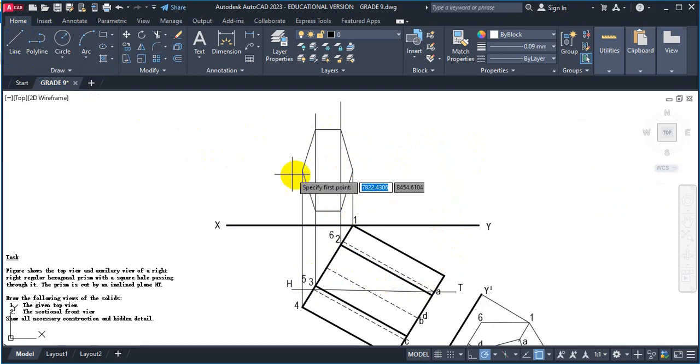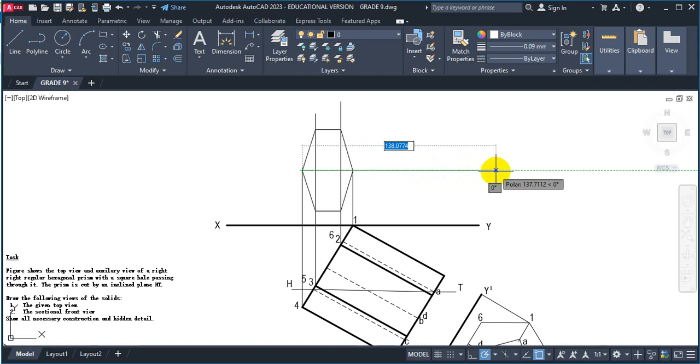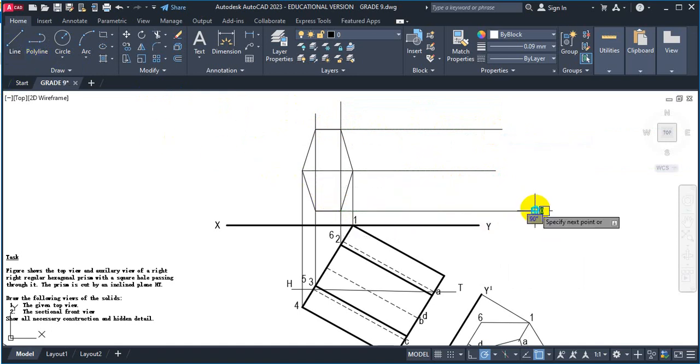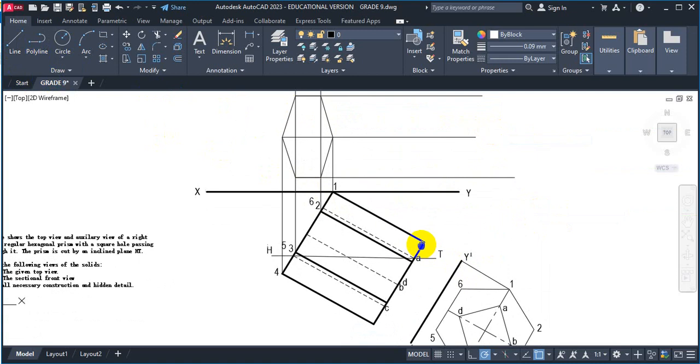We will need to draw a horizontal construction on each one of these corners so that it becomes easy for us to get this base. Whatever I've done here, I'm going to repeat. This is number 1. I'll take 1.